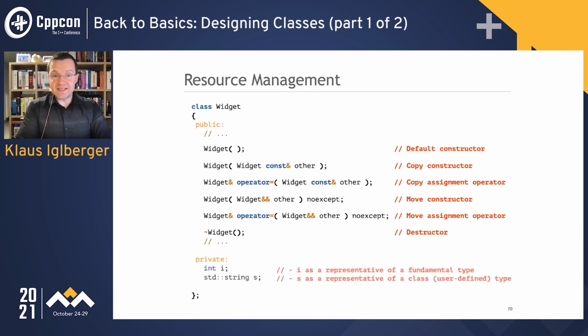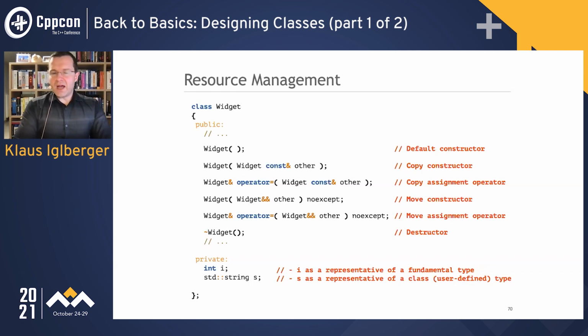And also this class has data members. It has an integer i, which for me is a representative of a fundamental type, like a double or a float. It's just a representative. And I have a string, which is a representative of a class type or user-defined type.